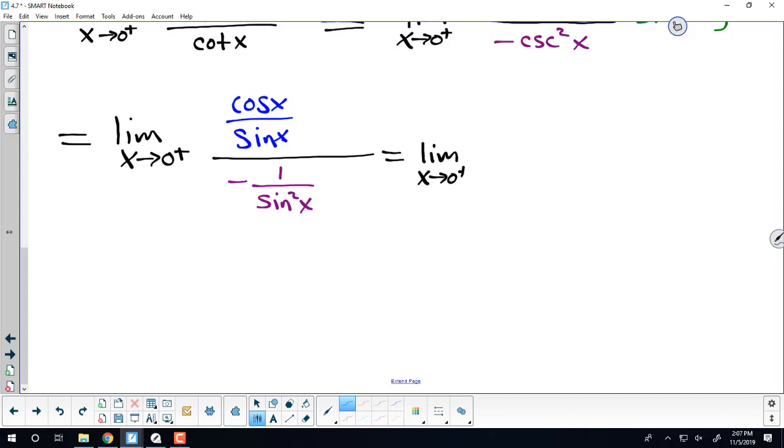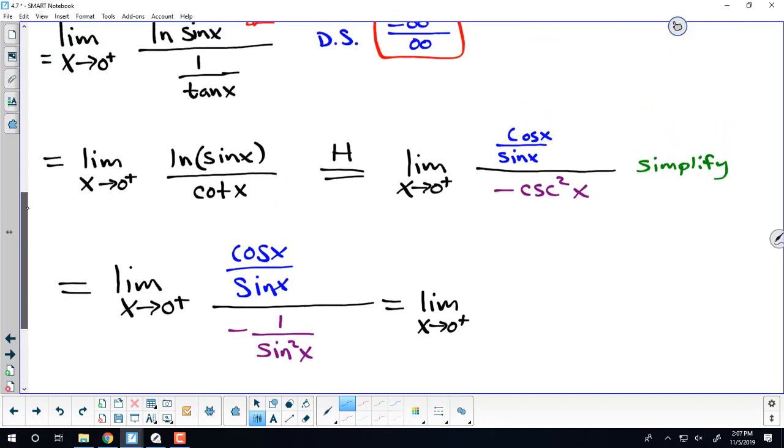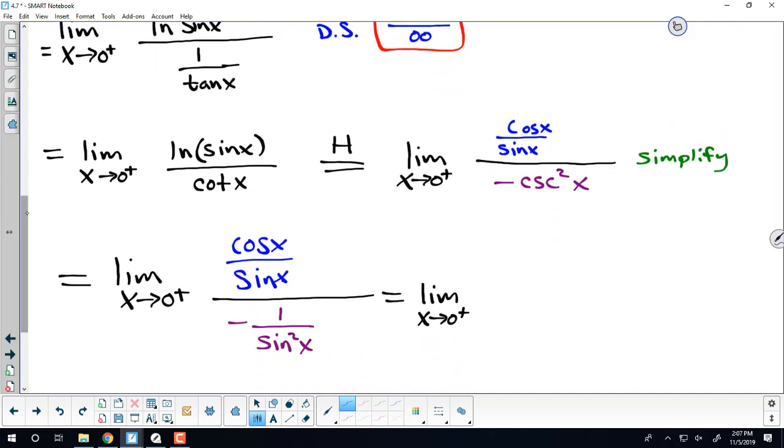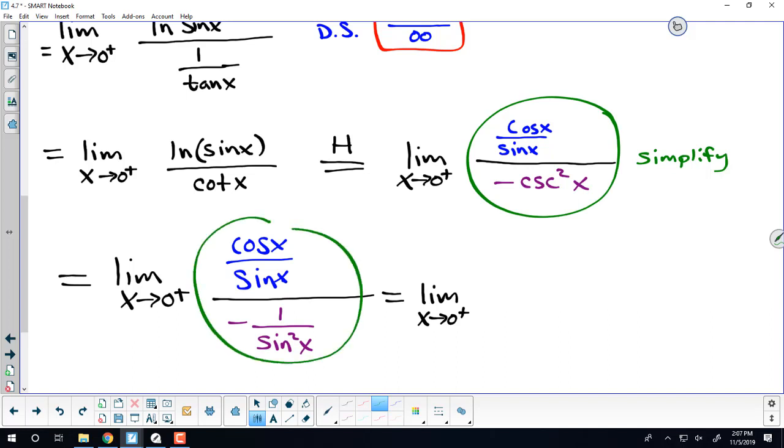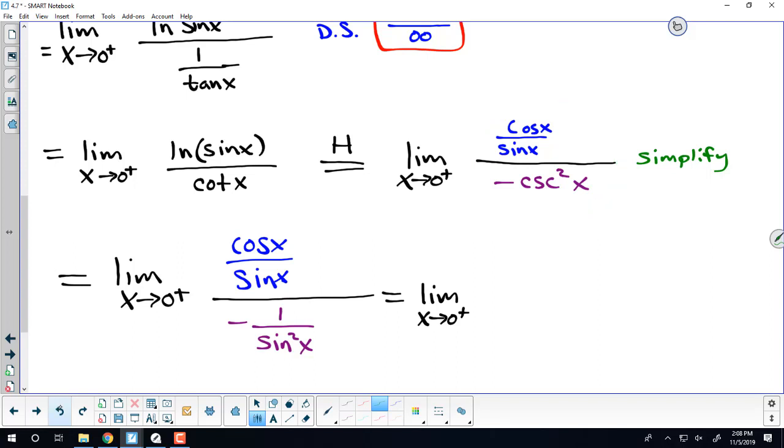I know it's a pain to rewrite the limit over and over again, but you kind of have to do it. I could take this off to the side and simplify that, and then put it back here once I've completed simplifying all of that. But if you're computing limits and using L'Hopital's rule, those things need to be clearly indicated. Otherwise, the things that you're saying are equal really aren't equal.